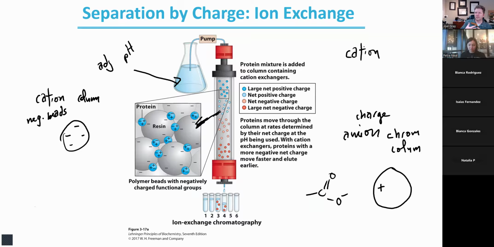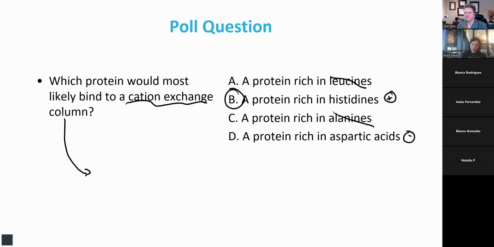Well, I have to use the oppositely charged thing. And so that gives me the charge of my beads. So with cation exchange chromatography and anion exchange chromatography, your proteins are going to adhere to those beads. And in order to get them to release, you adjust the pH and boom, they're going to come off.